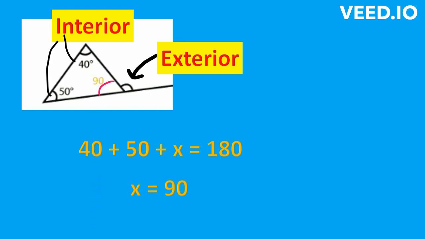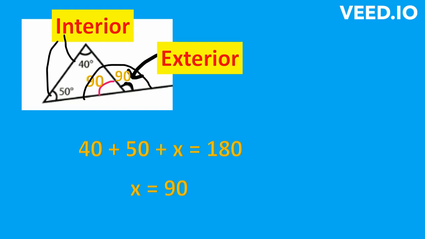So x is 90. But we know that this angle plus the exterior angle there, both are lying on a straight line and hence they put together make 180 degrees. They are supplementary angles. So 90 plus this angle should be 180.